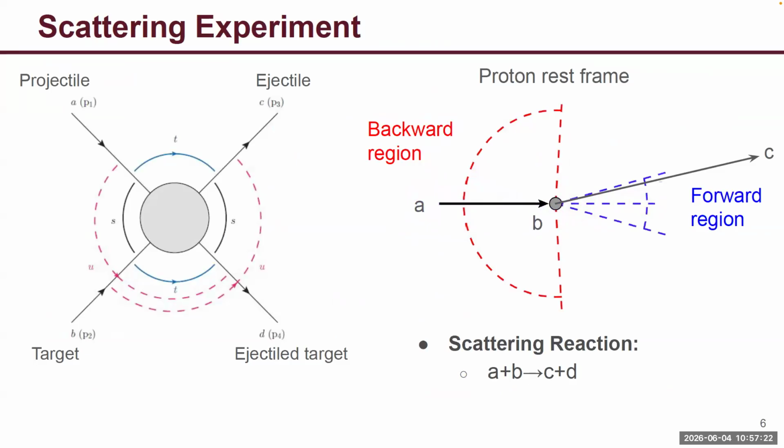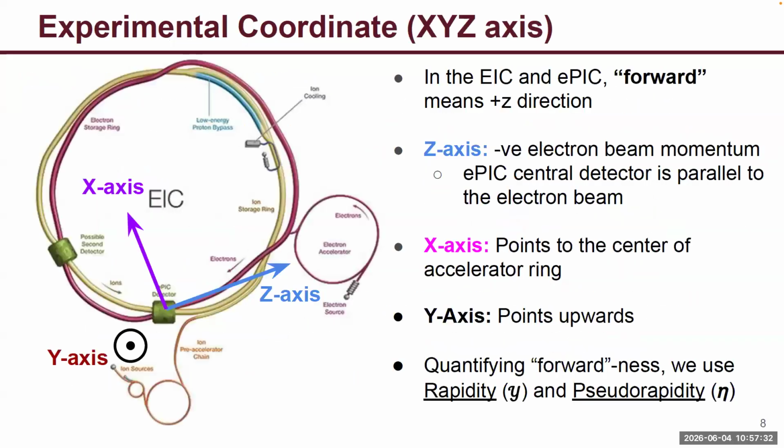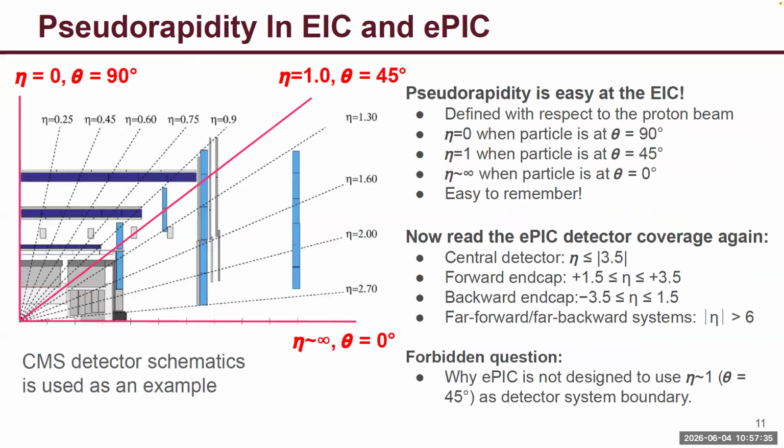Second, the proton direction is 25 milliradian off the axis. So if you use eta as in this definition, at CMS there is no crossing angle. But for the EIC, there is a crossing angle here, so that eta infinite is not along the axis of your beam or the experimental coordinates. So be very careful about this when you do the analysis.